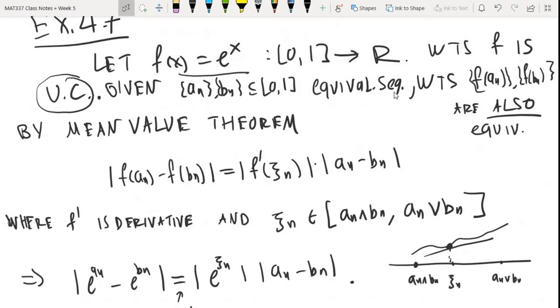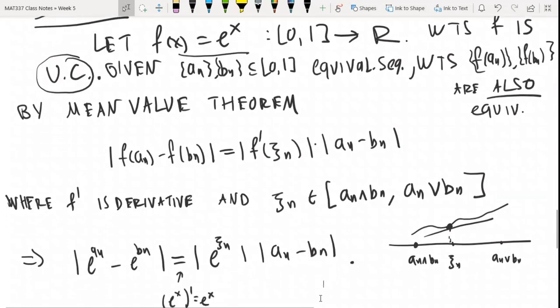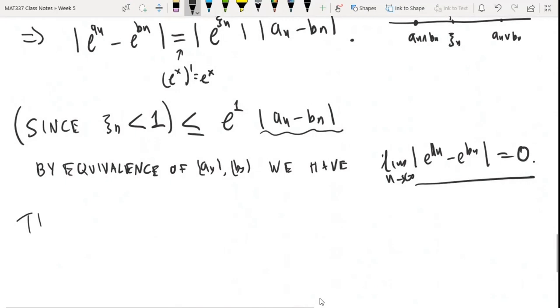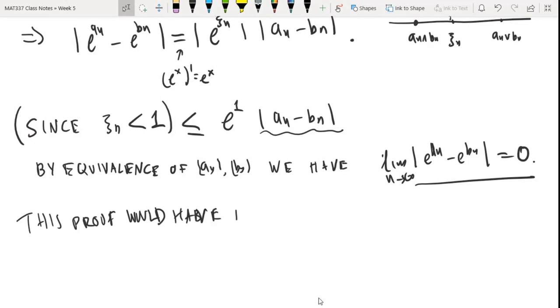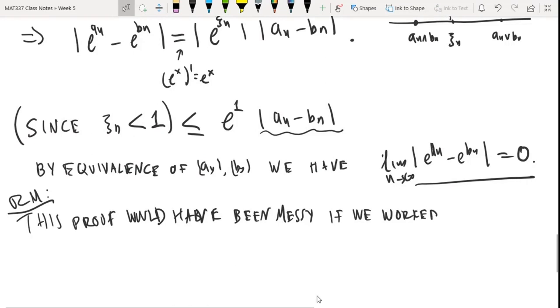And this proof would have been very messy if we worked from the definition with delta.